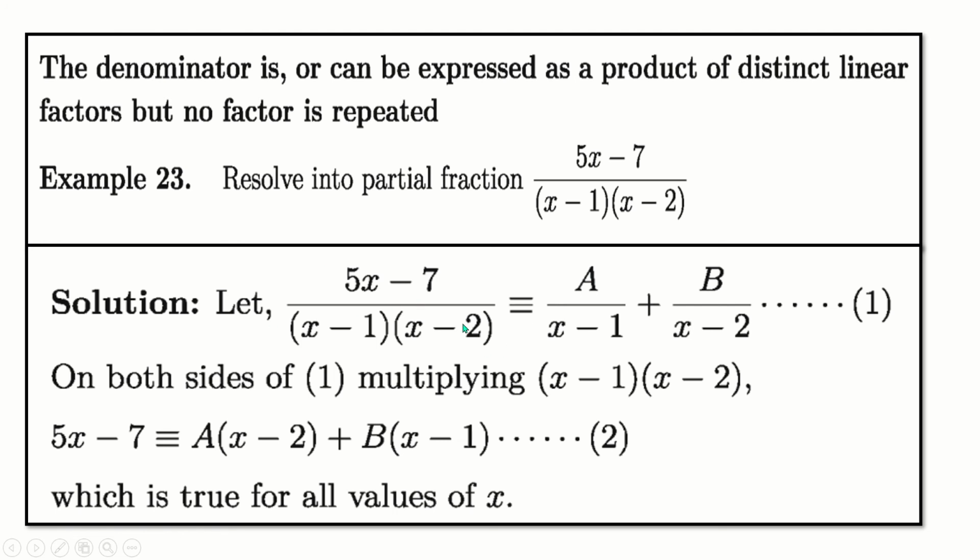Always you have to think about the denominator. So A divided by x - 1 plus B divided by x - 2. If here is another factor x - 3, so here will be plus C divided by x - 3. Also if here is another factor x - 4, we can write D divided by x - 4. No problem. Always you have to think this.